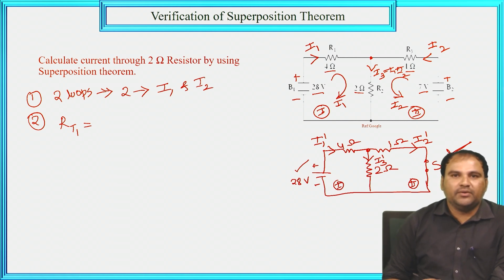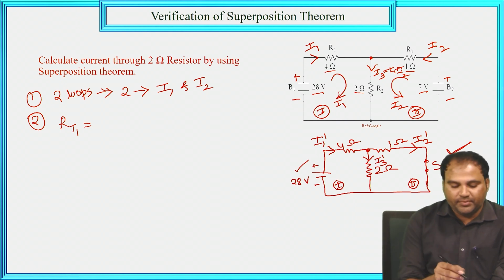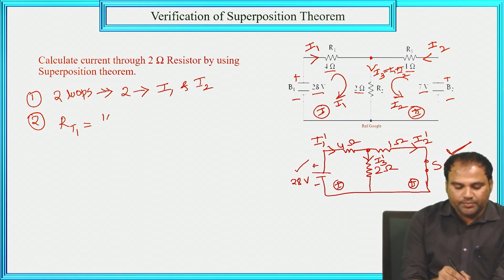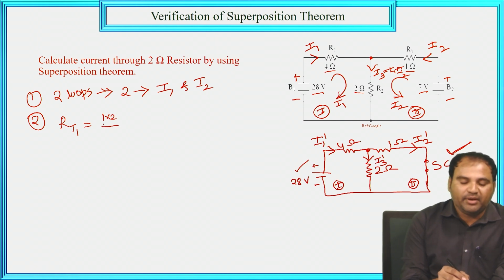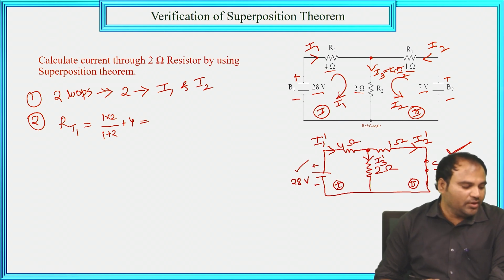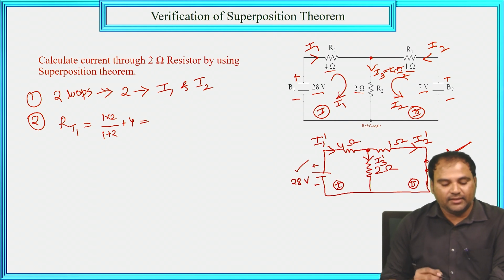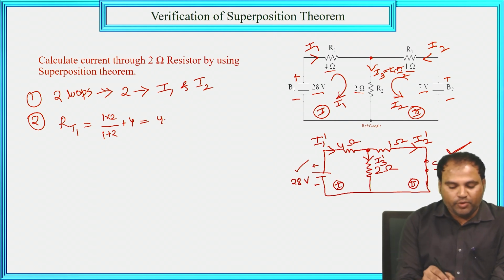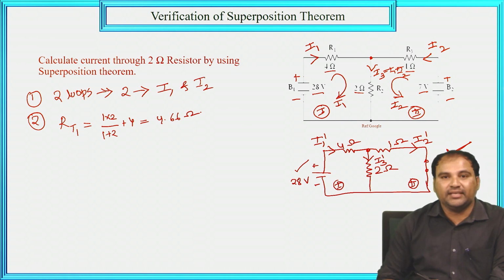So the total resistance RT1 is equal to 1 into 2 divided by 1 plus 2, plus 4, and we get 4.66 ohm as the total resistance of the given circuit.